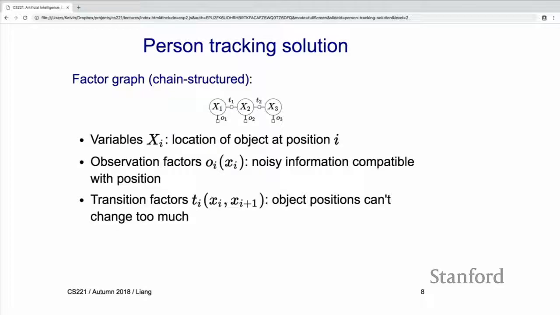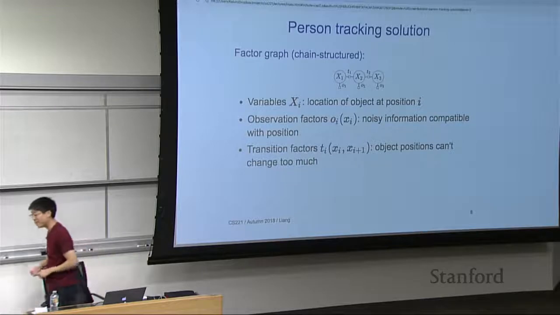You'll notice that there are unary factors hanging off each variable, O1, O2, and O3, hanging off of x1, x2, and x3. Those are the factors that say the person should be close to where I saw them in the picture. So that factor is very happy if we assign a value to x1 that is close to the actual observed place we saw. O2 is very happy if x2 is close to where we observed it.